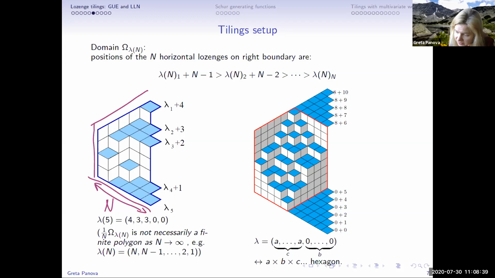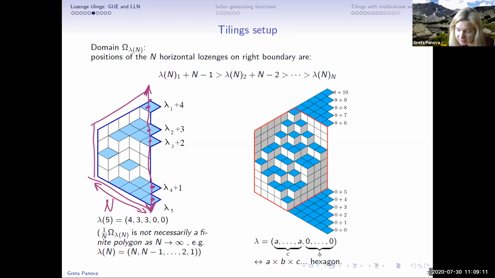So if we impose this flatness and we tile the region, you can convince yourself as a combinatorial exercise that when you look at the end vertical line, the one that I just drew over here, we are going to have exactly N, big N, horizontal lozenges which are sticking out.